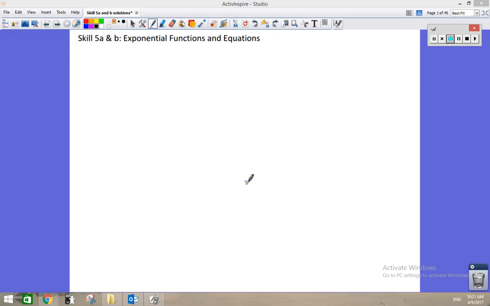Let's take a look at some of these problems that are exponential functions and their graphs in this Skill 5a and b homework assignment. We start out with matching 12 equations to 12 graphs. Now, before we jump in and do problem number 1, if we have a function that is some base b raised to the x power, if that base is bigger than 1, then it's going to be an increasing function.